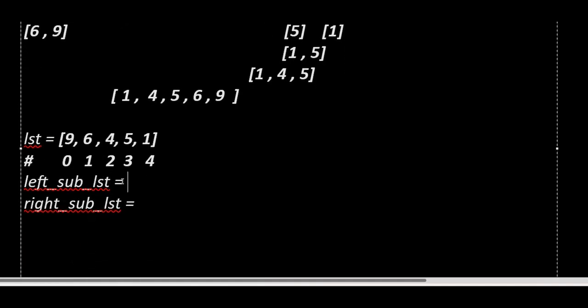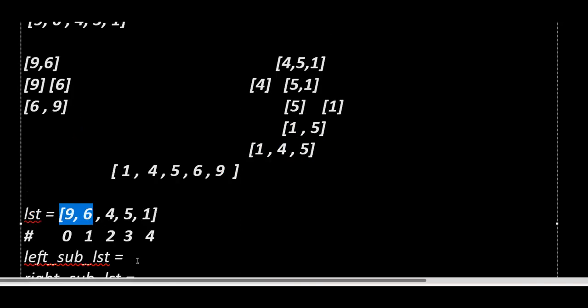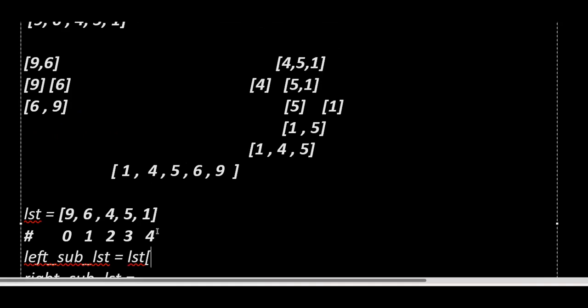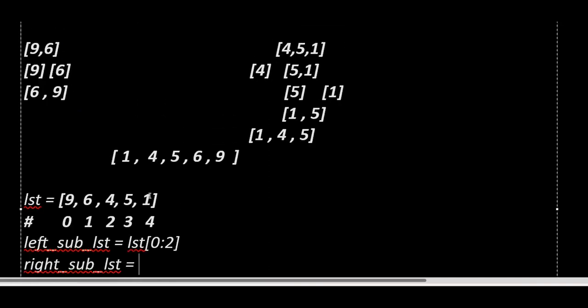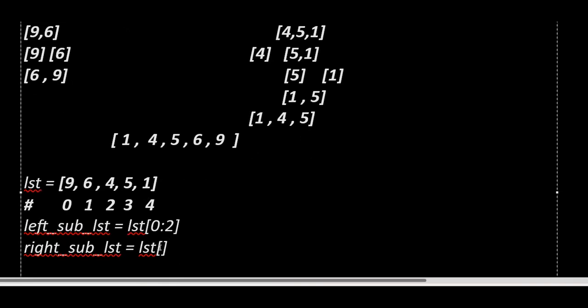Now you can tell me what my left sublist is. 9 and 6 belong to my left sublist. How do I get it, sir? In the list, I want to pick starting from 0 till index 2. Till 2, I need to pick my list elements. In a similar way, how do I get the right sublist, sir? To get the right sublist, I need to pick from index 2 till index 5. If I pick till index 5, then it will pick up to index 4, that is the indices 2, 3, 4 values.